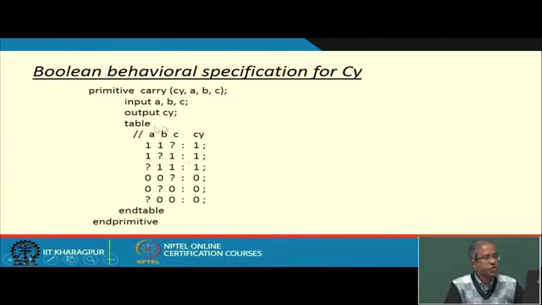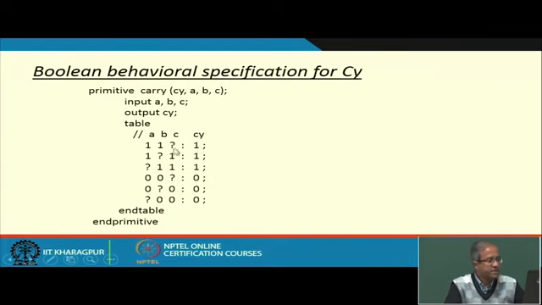Similarly, this is another way of specifying the behavior. Here I can specify the truth table. So, here also I specify the same specification for the carry input and output, and the convention is the inputs will come first and then the output. So, there is a table and end table construct, I give the inputs then colon expected output.